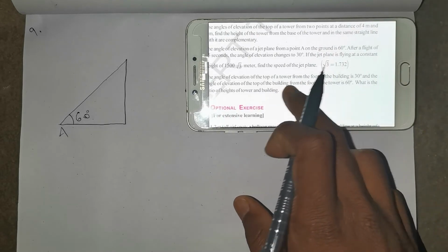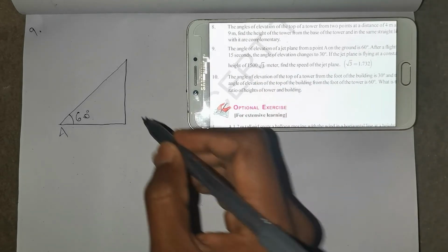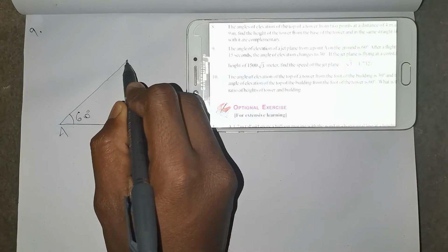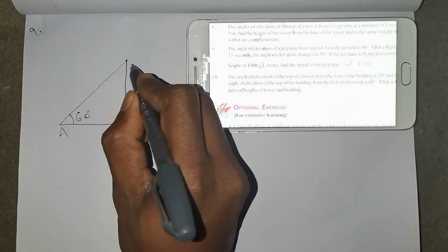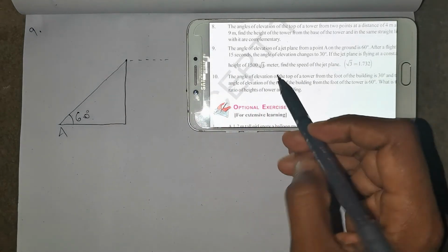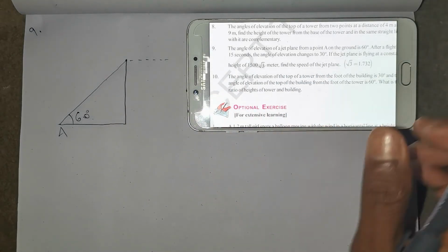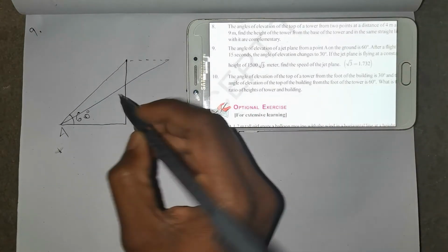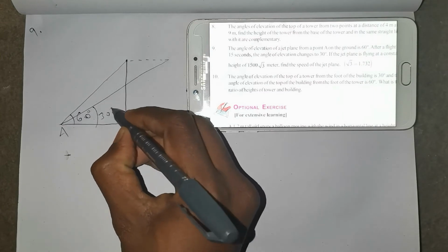Next, after a flight of 15 seconds, now the flight is at this point. So after 15 seconds, definitely the flight will have traveled to some extent. The angle of elevation changes to 30 degrees. Now from the same point, the angle of elevation is going to be 30 degrees.